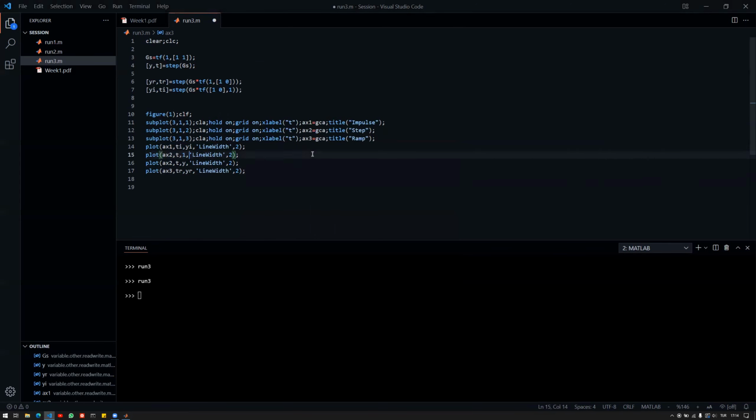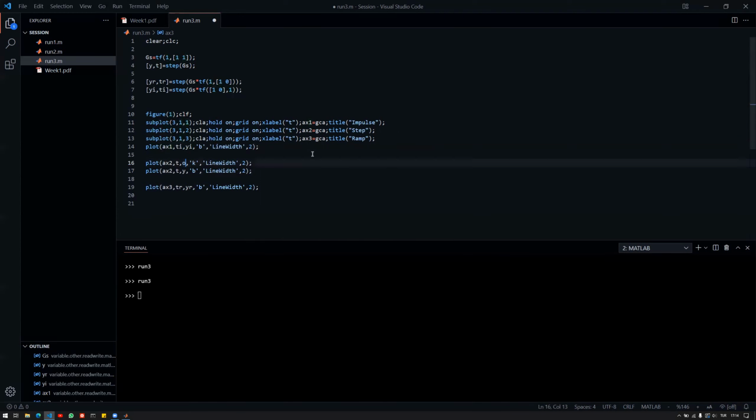Now we should plot once, and let's give it a color. Okay, let's make it blue here. And there we go. Now, instead of using 1, this should have equal size.